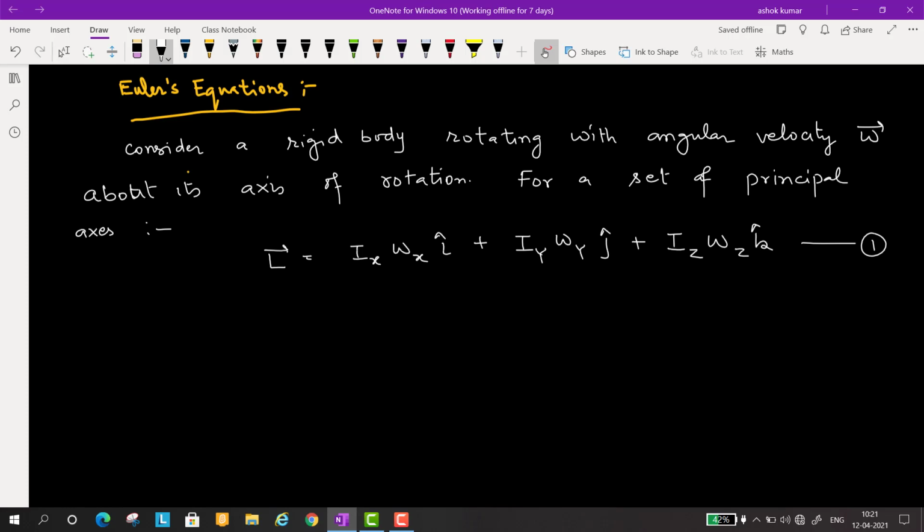So angular momentum is given by equation number 1 for a rigid body rotating with angular velocity omega under a set of principal axes. So take its derivative. So Ix is constant, so we apply the product rule on this: first function, second function. So it is derivative of first, second as such, plus first as such, derivative of second.